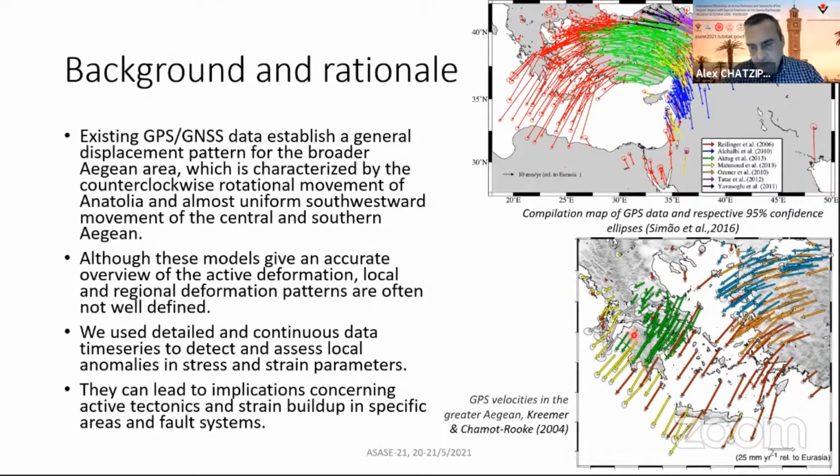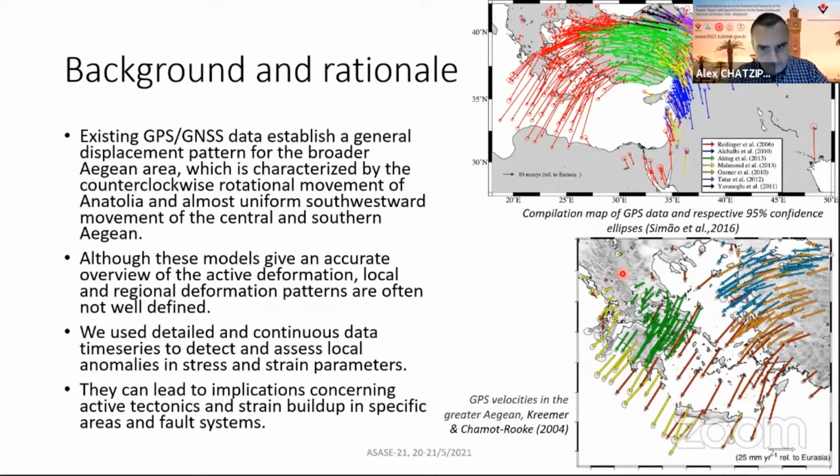But sometimes we need to look more carefully into specific areas. For example, in this map, you can see some smaller displacements due to the movement of the part north of the North Anatolian Fault, which, however, cannot be analyzed in detail and give us specific results.